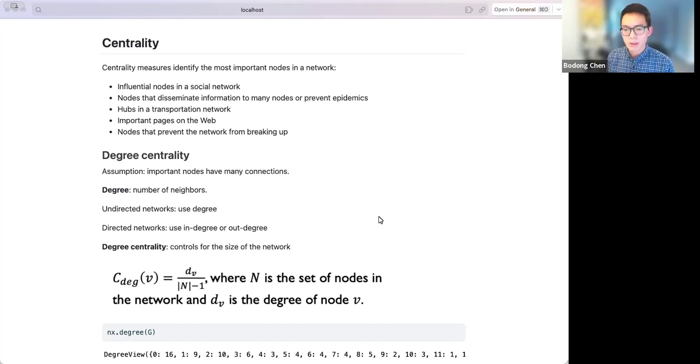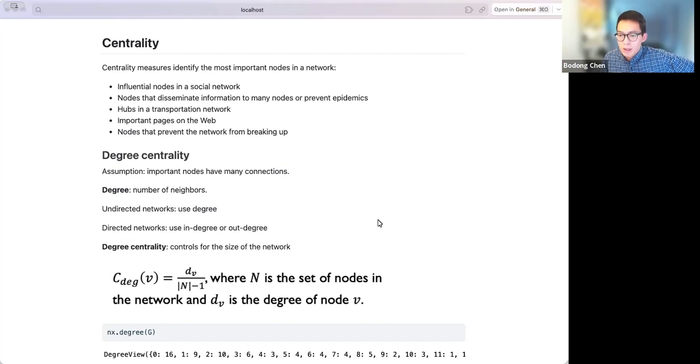There are different ways to think about centrality, as I mentioned. Here we start with maybe the simplest among them, which is called degree centrality. The assumption behind degree centrality is this: the important nodes are assumed to have the most connections.